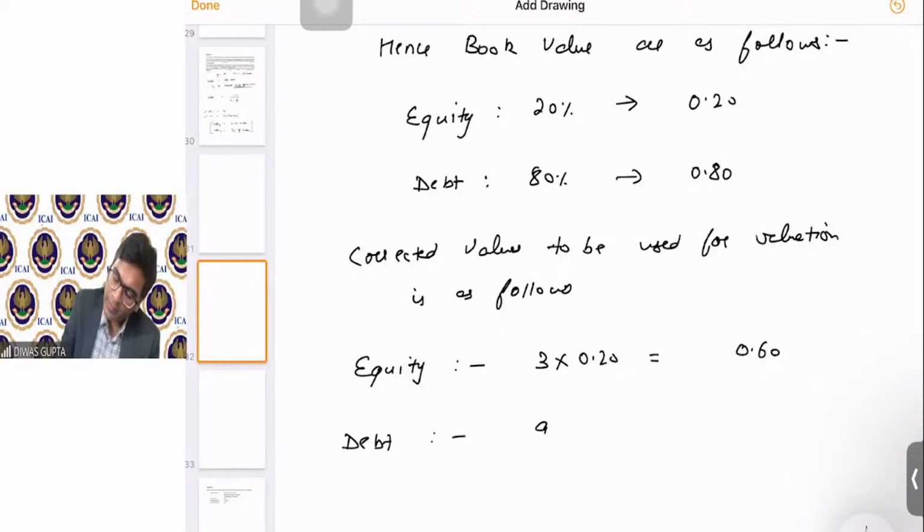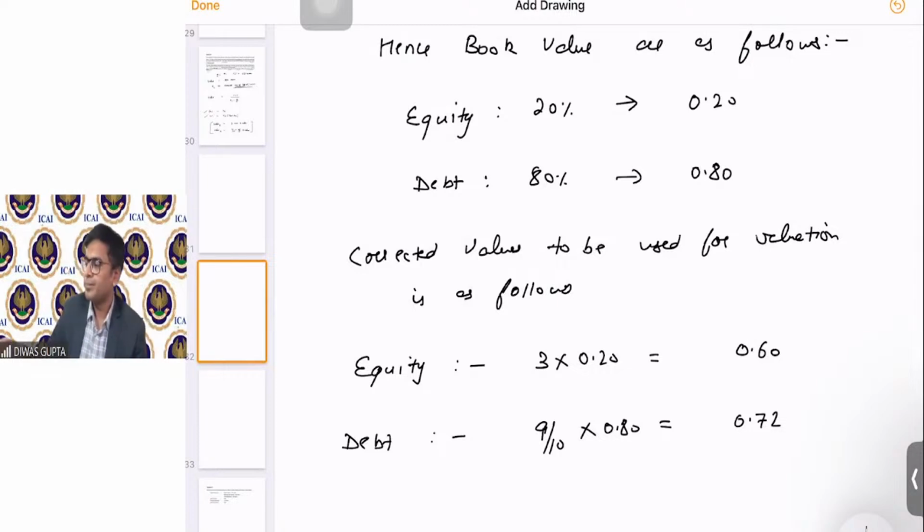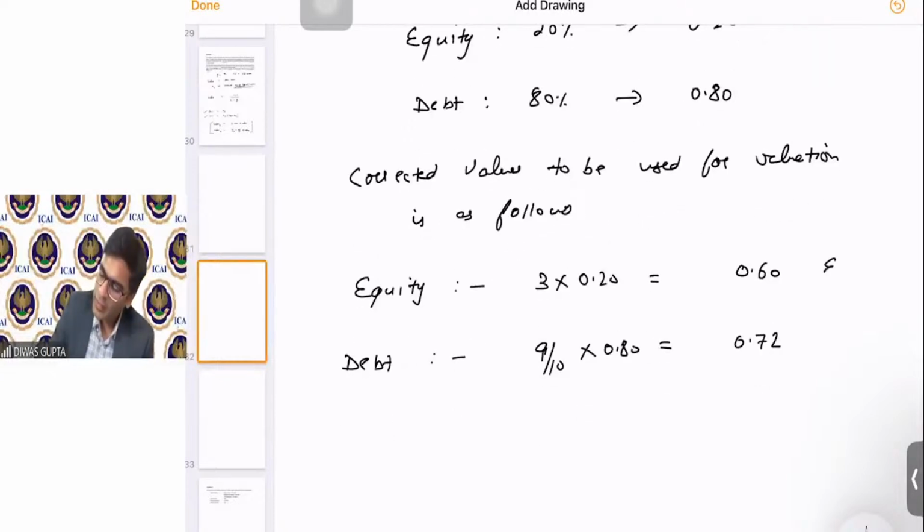For debt, it will be 9 by 10th times 0.80, correct? Which becomes 0.72, students. I hope this is clear. So the revised weights of equity and debt become 0.60 and 0.72.